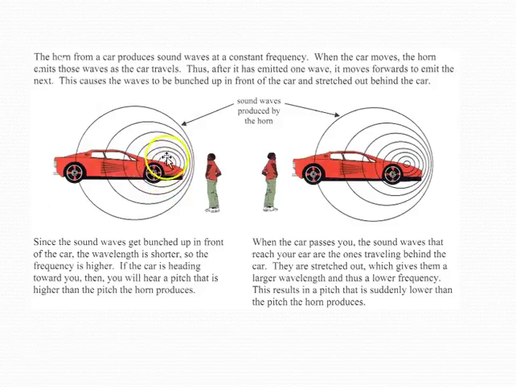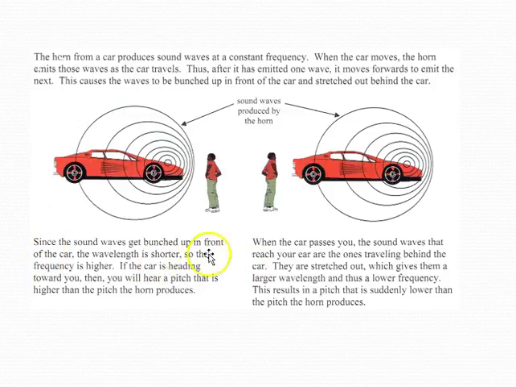So here are the waves actually emanating from the car. Consequently, after it has emitted one wave, it moves forward to emit the next. And this keeps going on and on. This causes the waves to be bunched up in front of the car when it's coming towards you and stretched out behind the car when it's going away from you.